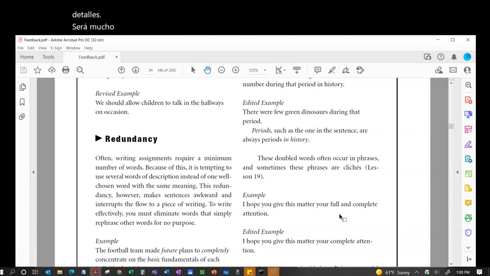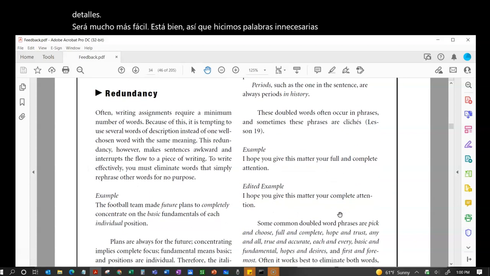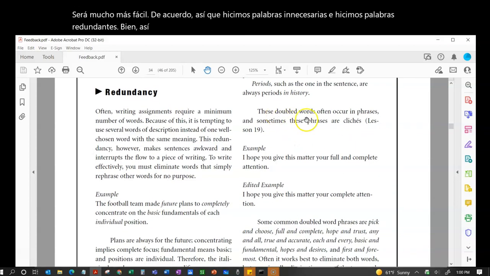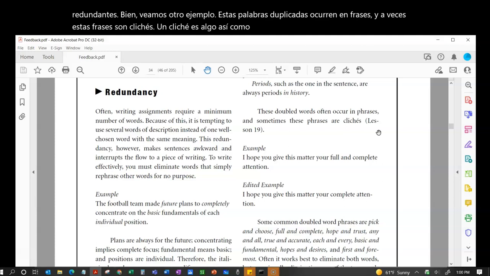All right, so we did unnecessary words and we did redundant words, okay? So let's look at another example. These doubled words occur in phrases, and sometimes these phrases are cliches, okay? A cliche is something like an old saying or expression or something that's unnecessary to be said. Here's an example.